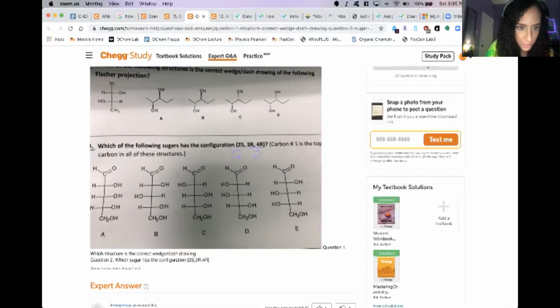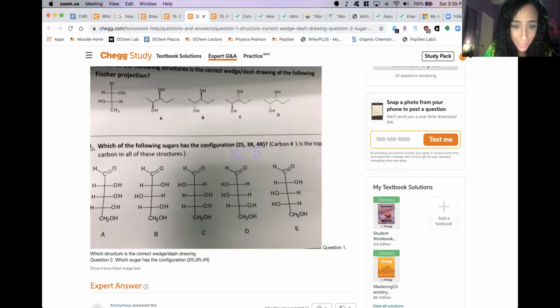Okay, so for 2, we want it to be S. So I'm just gonna arbitrarily pick one. So oxygen is our 1. So this one is connected to a C and an... oh, okay, I may have figured something out. Okay. Uh-oh. So this carbon 2 is attached to carbon 3 right here.